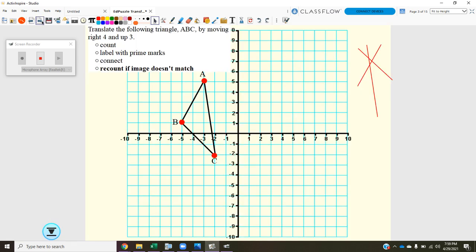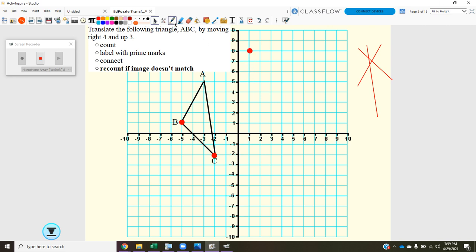To perform a translation, you are given a rule. The rule here says right 4 and up 3. In order to perform the translation, you're going to move the point 1, 2, 3, 4 to the right and up 1, 2, 3.